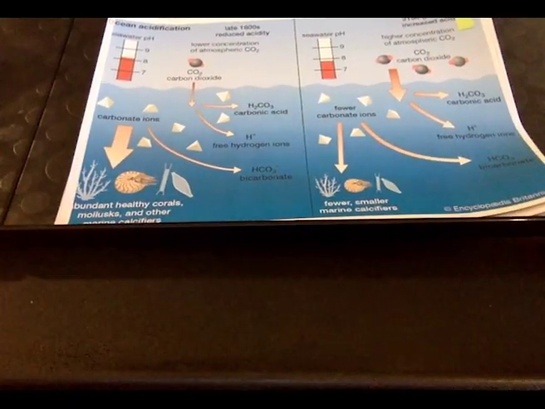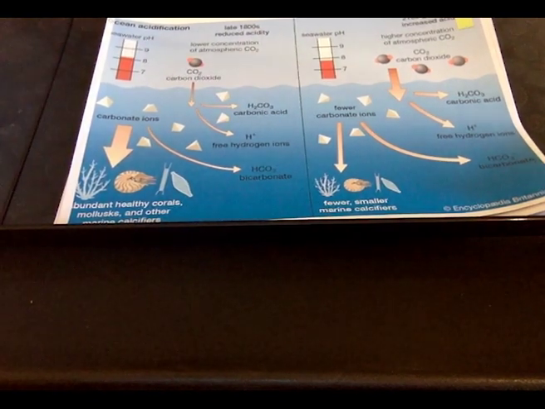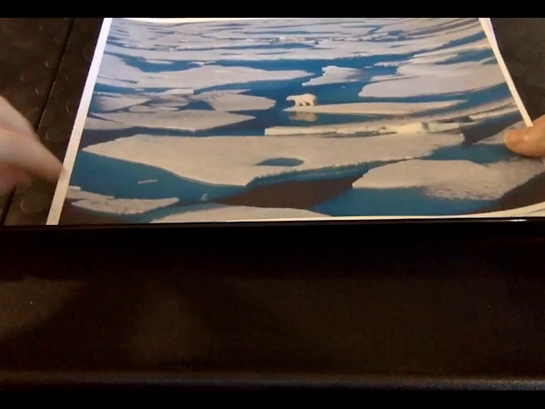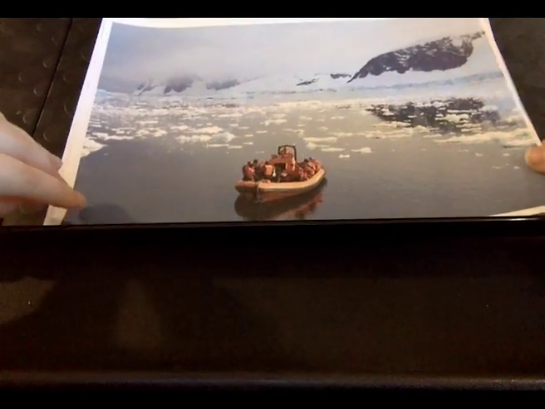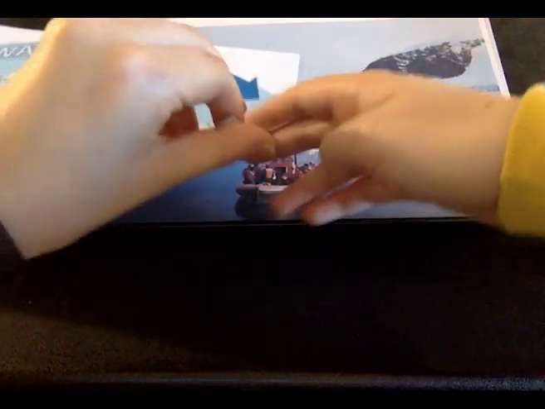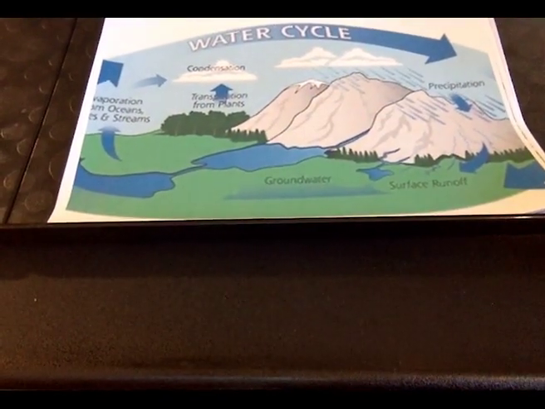More extreme weather, changes in ocean currents, global warming, ocean acidification, rising sea levels, melting ice, warming oceans, warmer land and air, changes in the hydrological cycle.